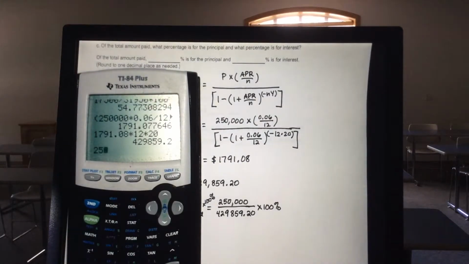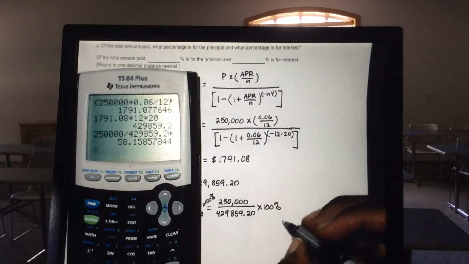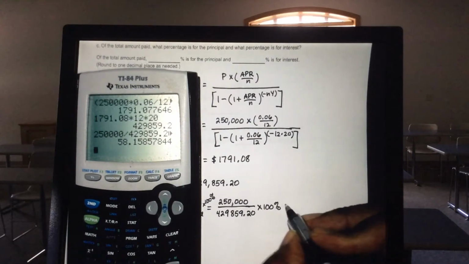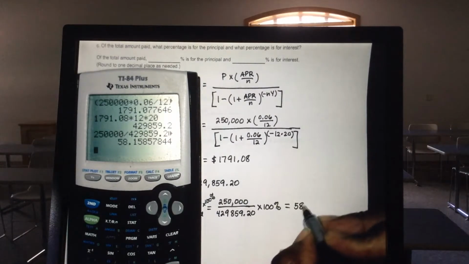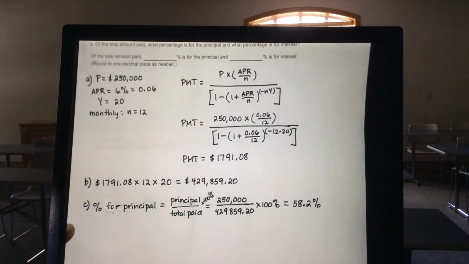So 250,000 divided by $429,859.20 times 100. If I round that off to one decimal place, it'd be 58.2%. So 58.2% of that loan or mortgage will go towards the principal.